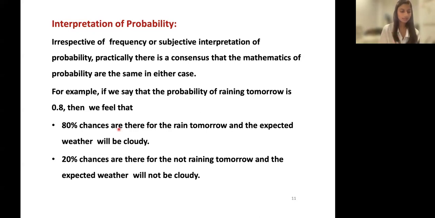The maths might have come from data, which is the frequency, because I have lived in that city for so long. In 100 cloudy days, in 80% of those days, if the clouds look like that, it's going to rain. So here there's a frequency aspect as well as a subjective interpretation. In both cases, there's always a maths behind it.